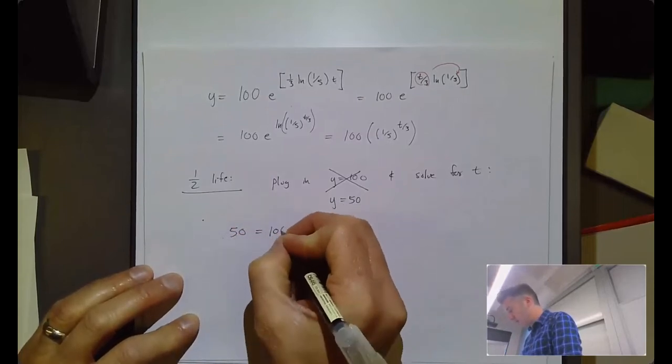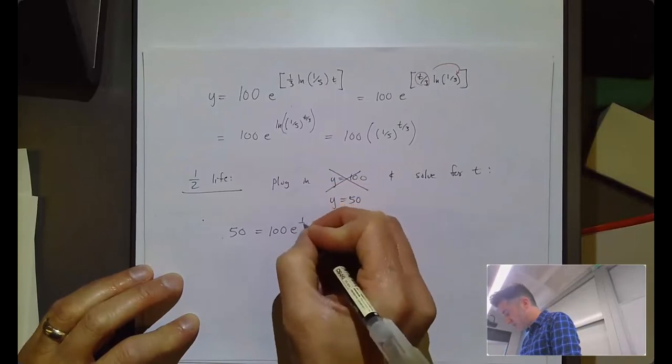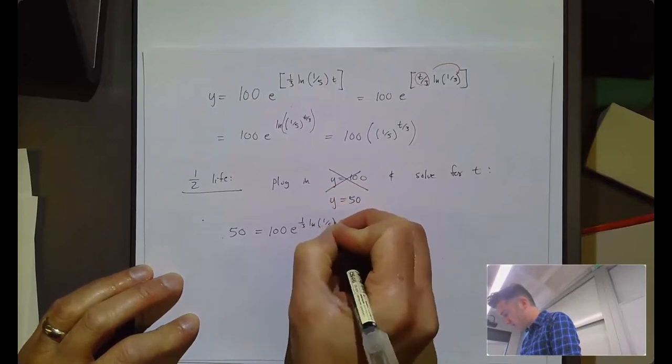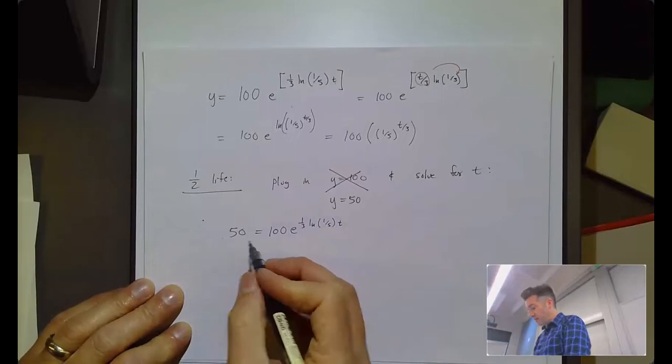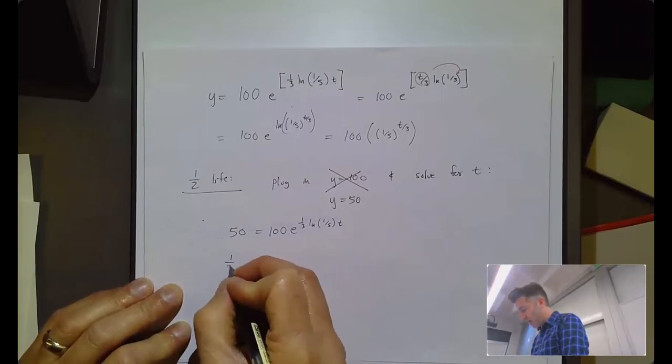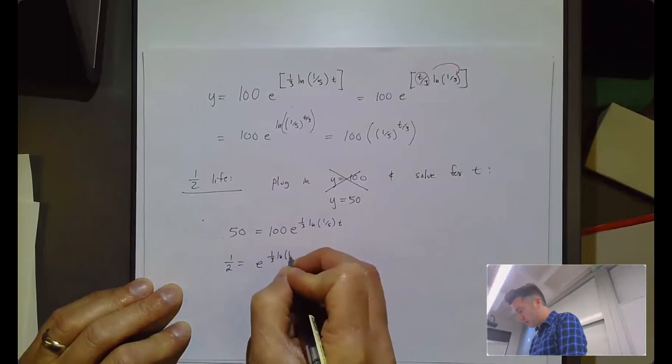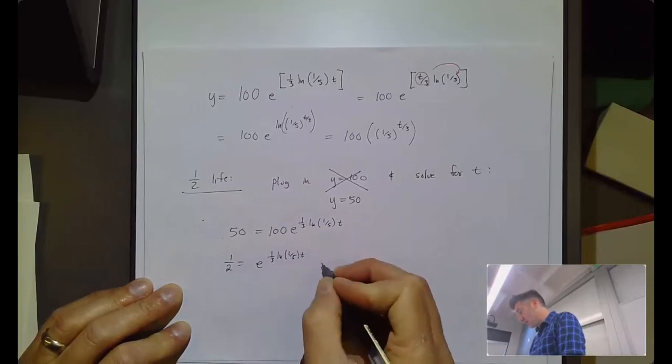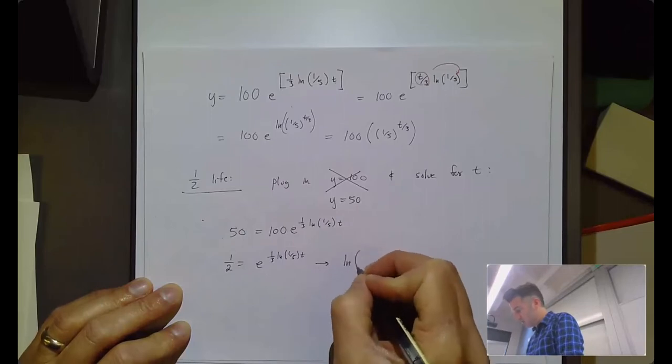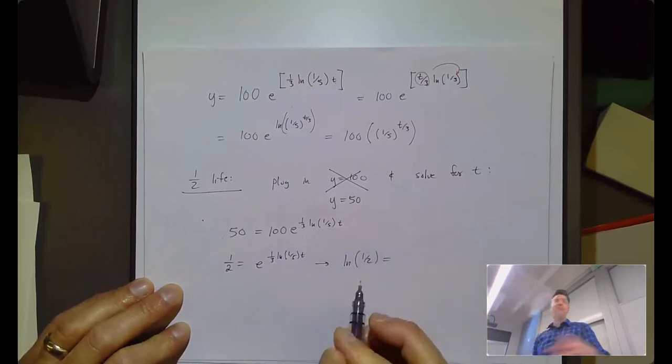And that's going to be 100 e to the 1/3 natural log of 1/5 t. And then we divide by 100, so we get 1/2 equal to e to the 1/3 natural log of 1/5 t. Then we take the natural log of both sides. I'm not going to write it out this time.